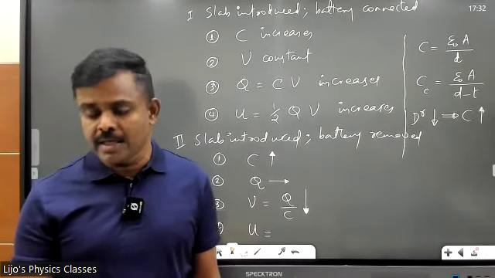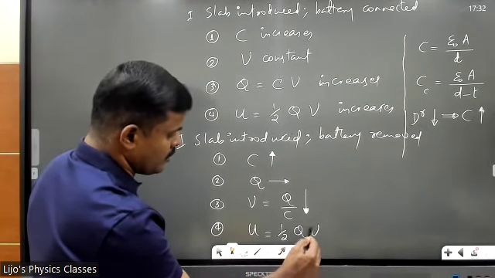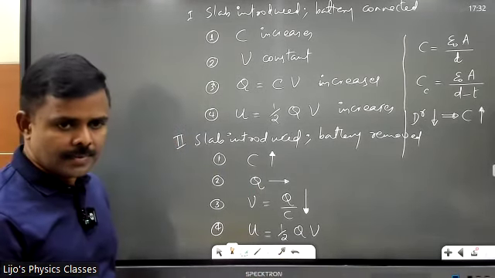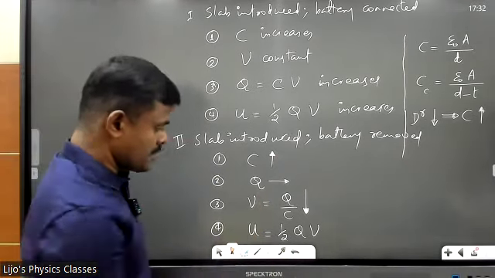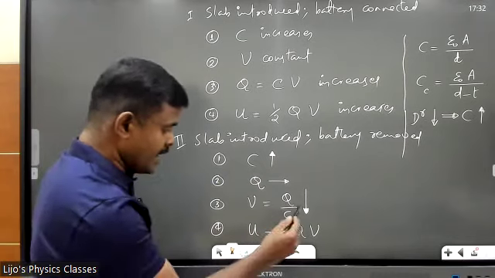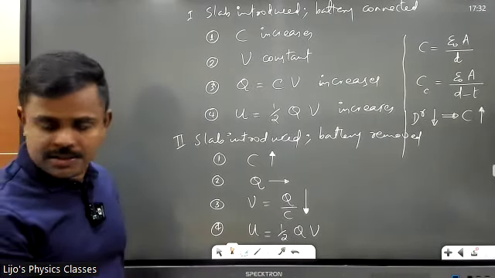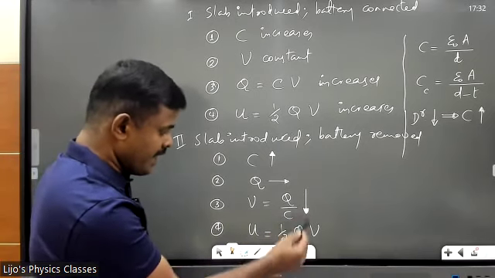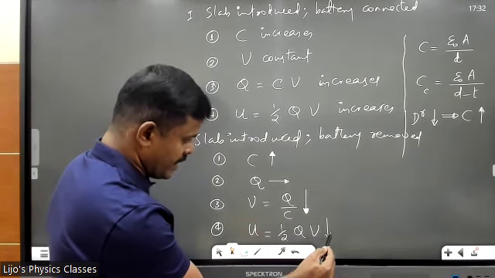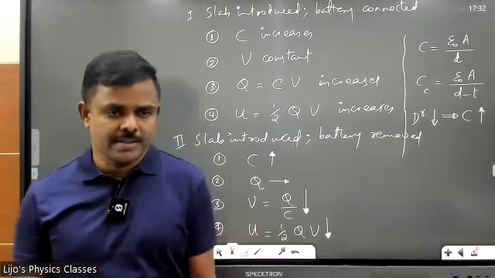Who is the constant here? Q is the constant. So half QV. Q is constant, V decreases. If V decreases, what will happen? Energy also decreases. Correct.